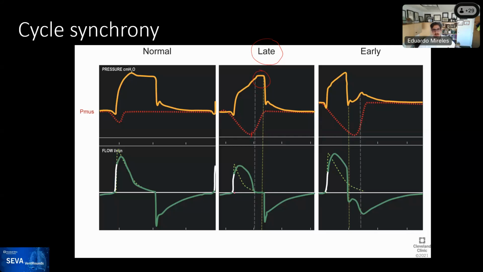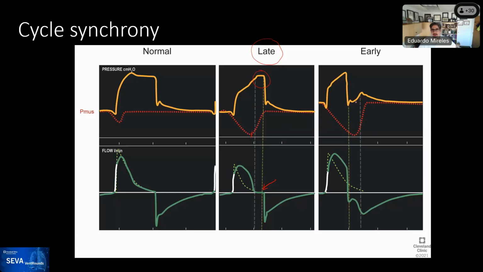This is a late cycled breath, and the characteristic is this period during inspiration in which you see no flow and a rise in pressure. If you were on volume control, you may see this increase in pressure at the end of the breath as the expiratory muscles activate or the chest wall relaxes.